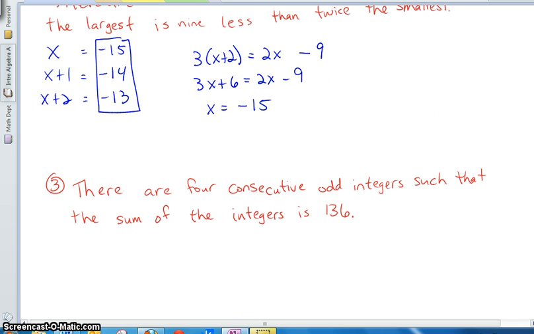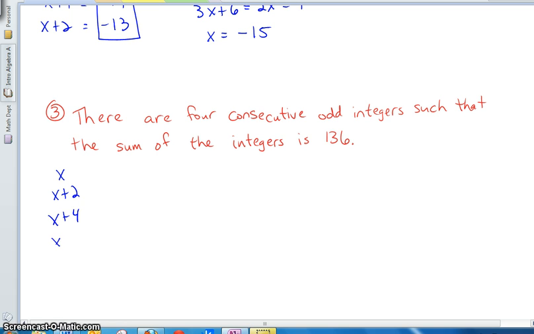And the last one, there are 4 consecutive odd integers. So I've got x, x plus 2, x plus 4, x plus 6. Such that the sum of the integers is 136.